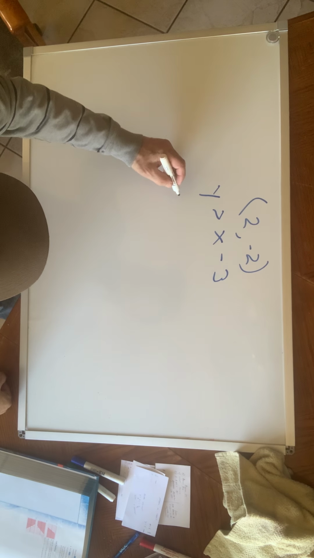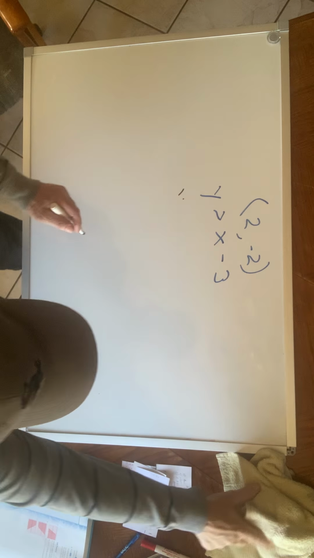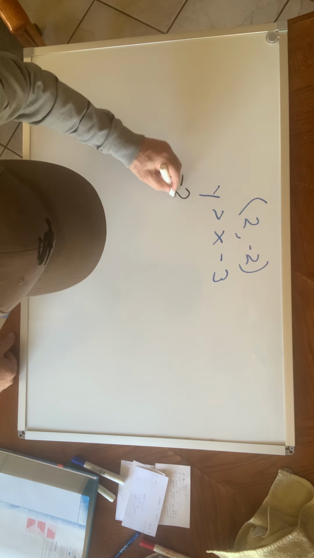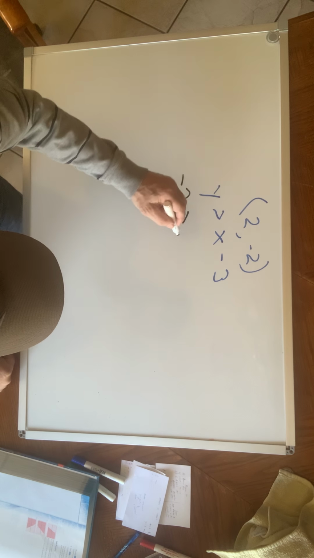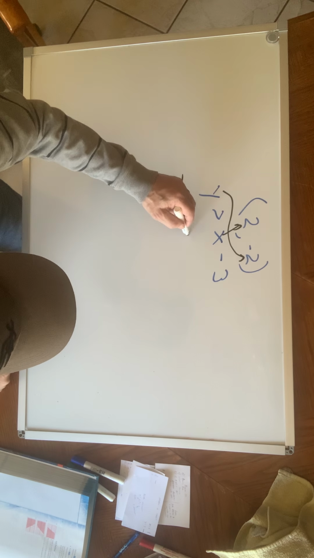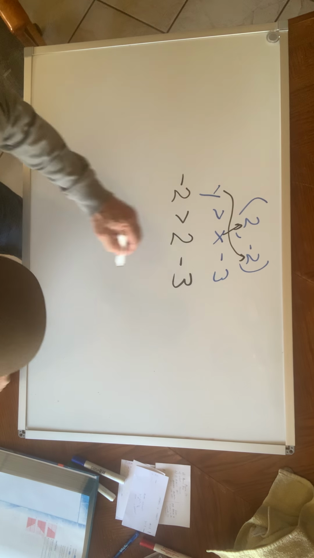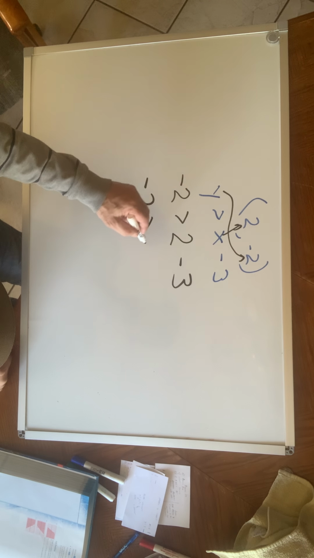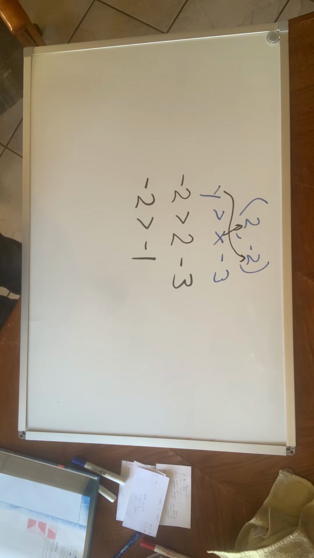All right, let's plug it in and see what we get. Y is negative 2, is that greater than x, which is 2 minus 3? We get negative 2 is greater than negative 1. Yes, they're both negatives, but which would you rather have?